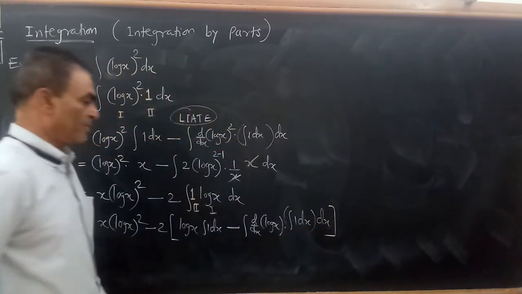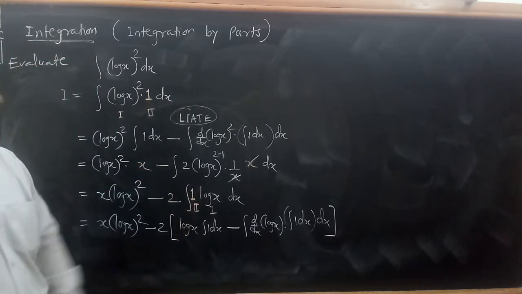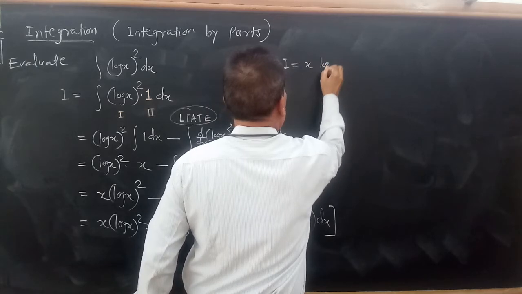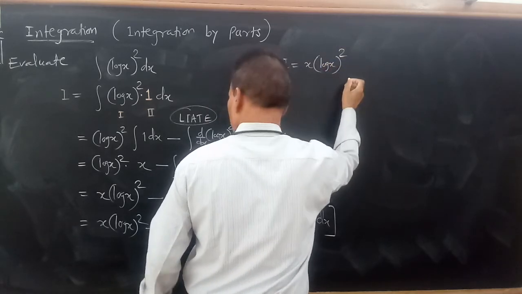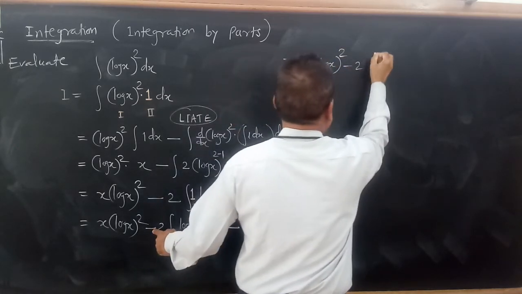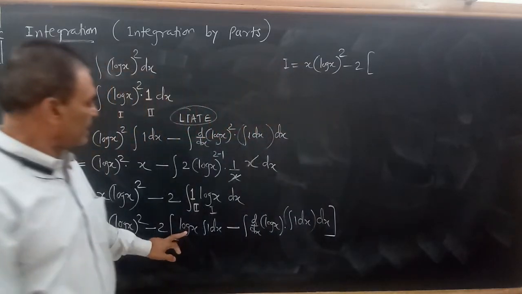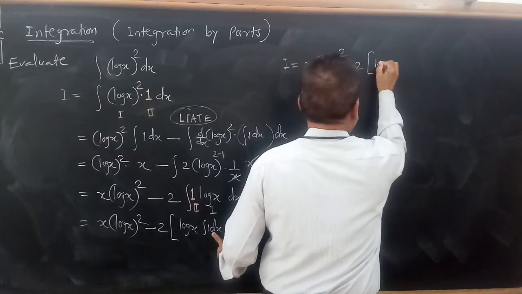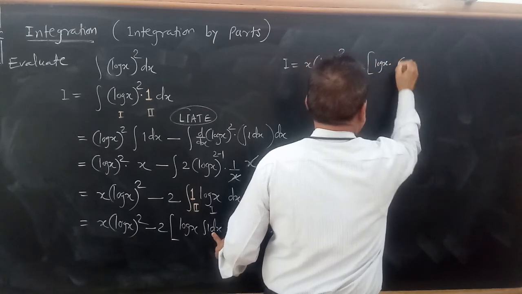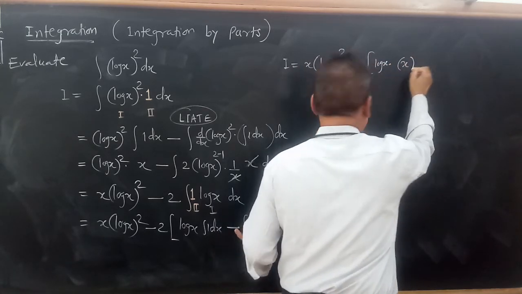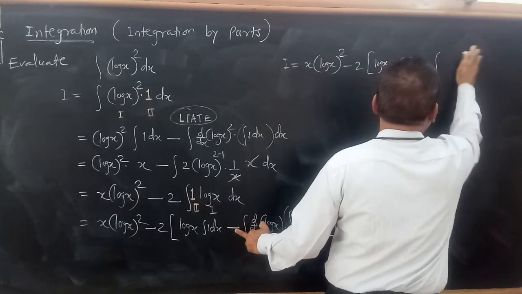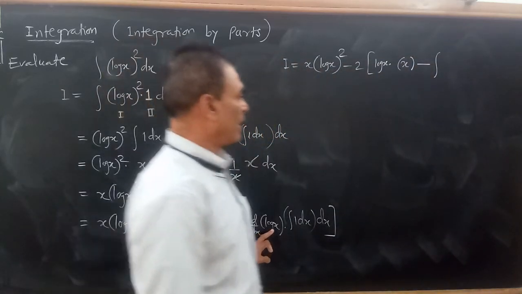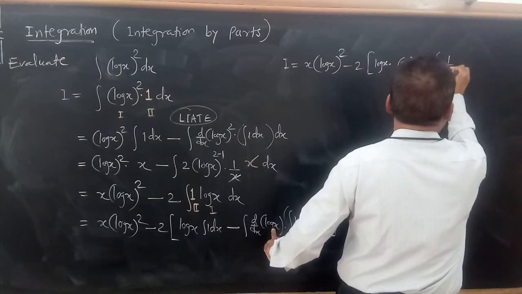Then take integration, you will get the answer. I is nothing but x log x bracket square minus 2 times log x keep as it is. What is integration of 1 dx? X. This log x as it is. Integration of 1 dx is x minus integration. Derivative of log x is nothing but 1 upon x, and integration of 1 dx is nothing but x dx.